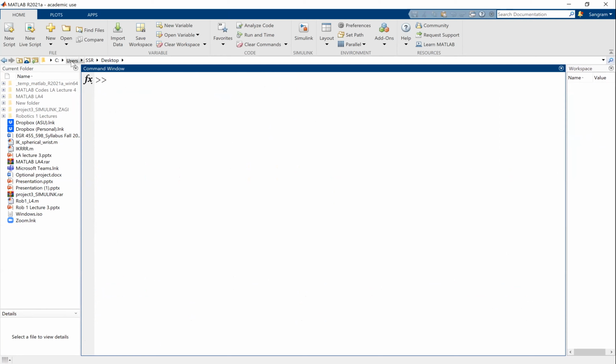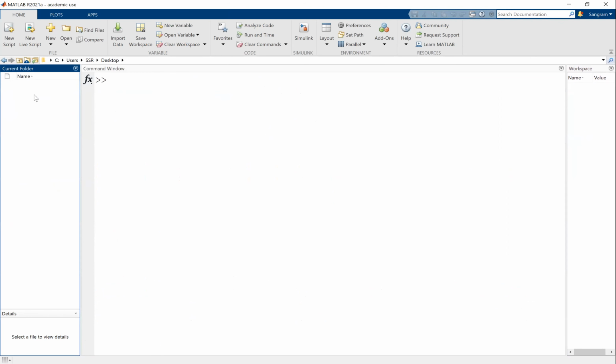And then I want you to go back to your desktop, and you will see Matlab L4. This is where all the SVD code is located, SVD and PCA. Everybody open this folder. Any questions? Online students, in-person students?